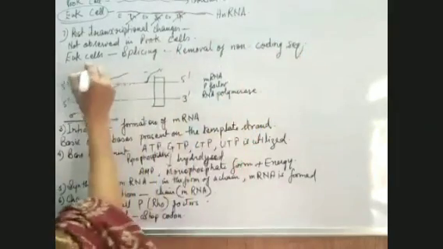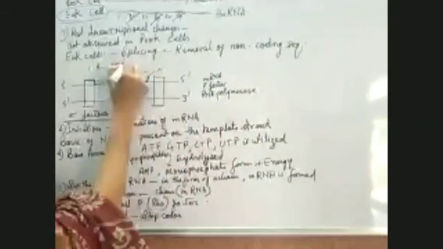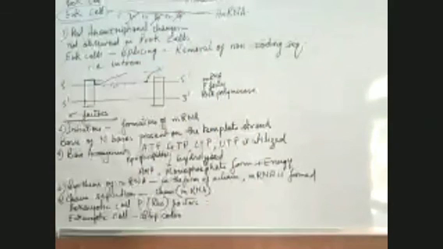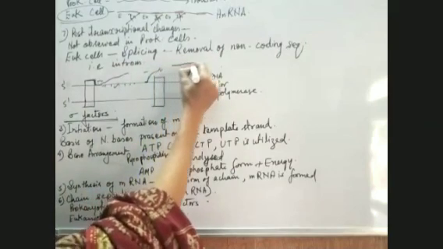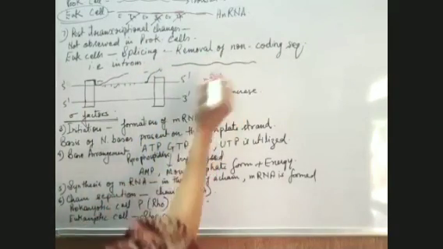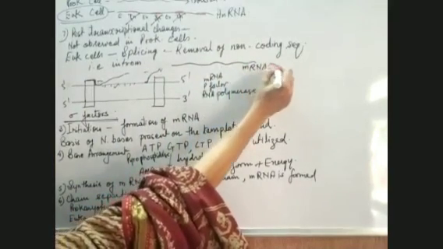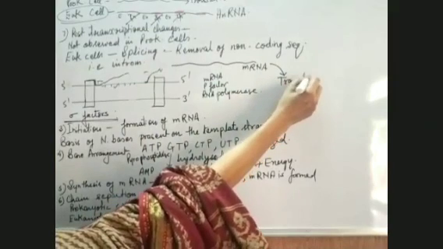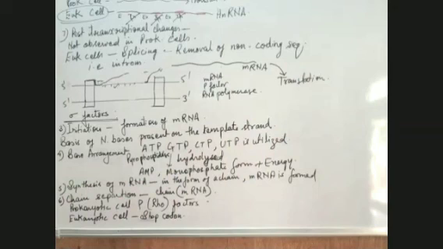And finally, when these non-coding interruptions are removed, what do we get? We get all exons together, which is now messenger RNA ready to undergo the process of translation to synthesize proteins.